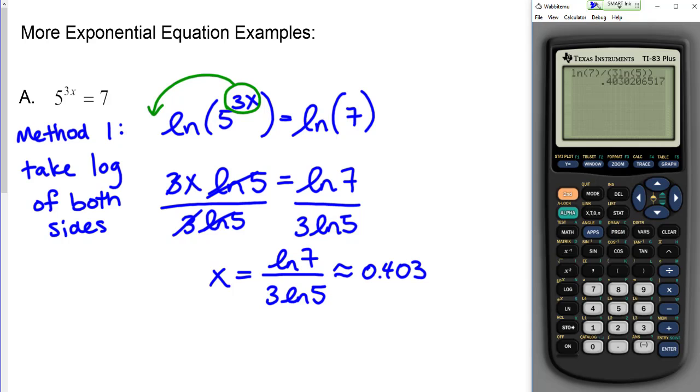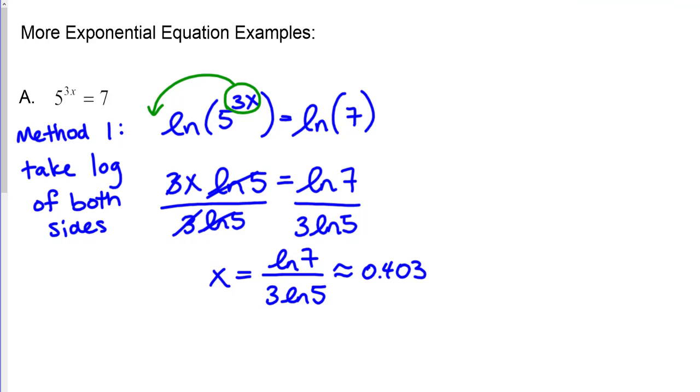Okay. But I said there was a second method, so let's explore that. So method 2. The second method is to rewrite the equation as a logarithm rather than as an exponential.